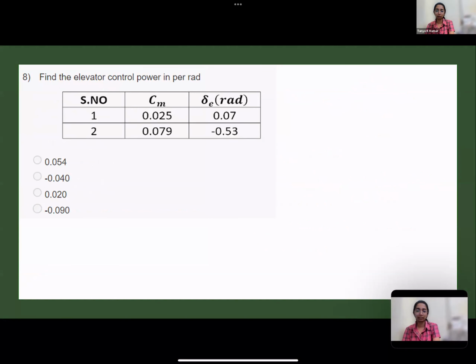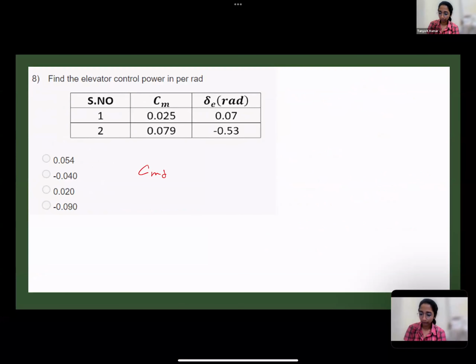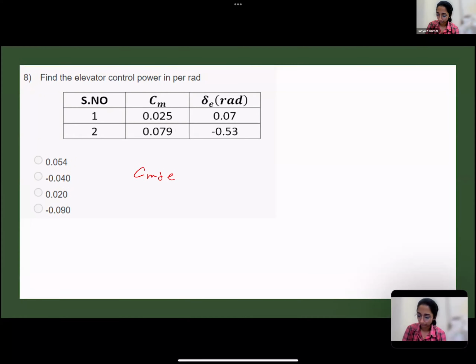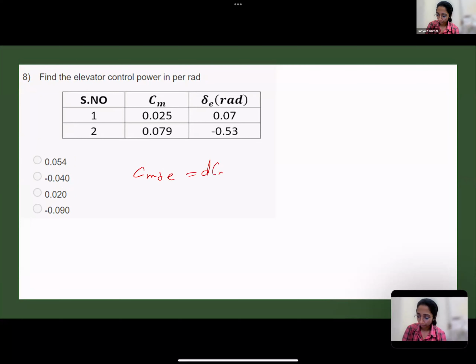What is elevator control power? How much moment is generated with elevator deflection? So that is nothing but Cm delta E. Very simple. They've given you 2 points. Yes, dCm by d delta E. Correct. So I just take the 2 points and find the slope.